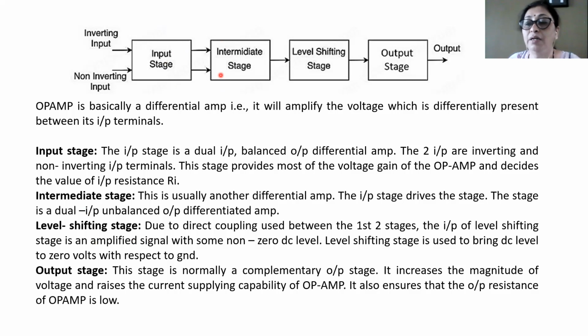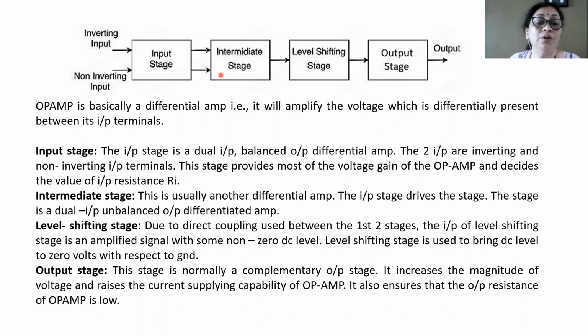Due to this, what happens? As we are using a DC power supply to power these circuits, the output of the amplifier will include the amplified AC voltage plus the DC power supply value. So the output consists of both AC and DC.